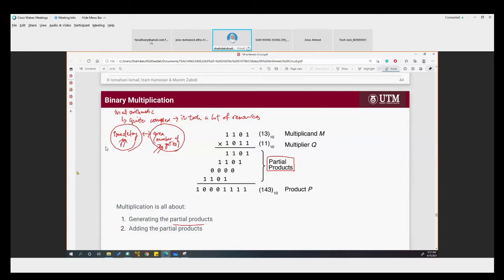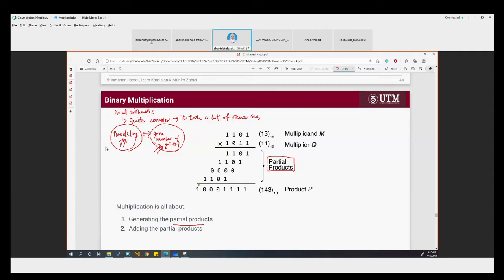So it's 1101 multiply 1, 1101 multiply 1, 1101 multiply 0, 1101 multiply 1.